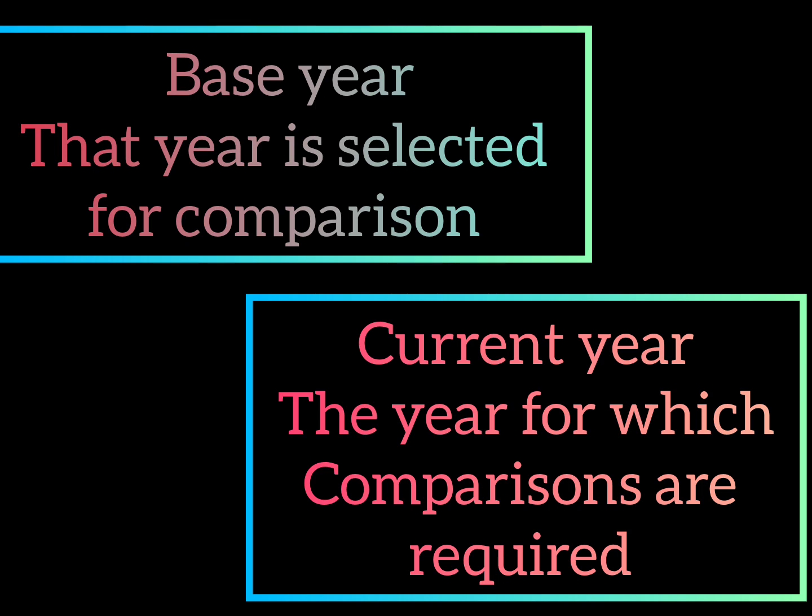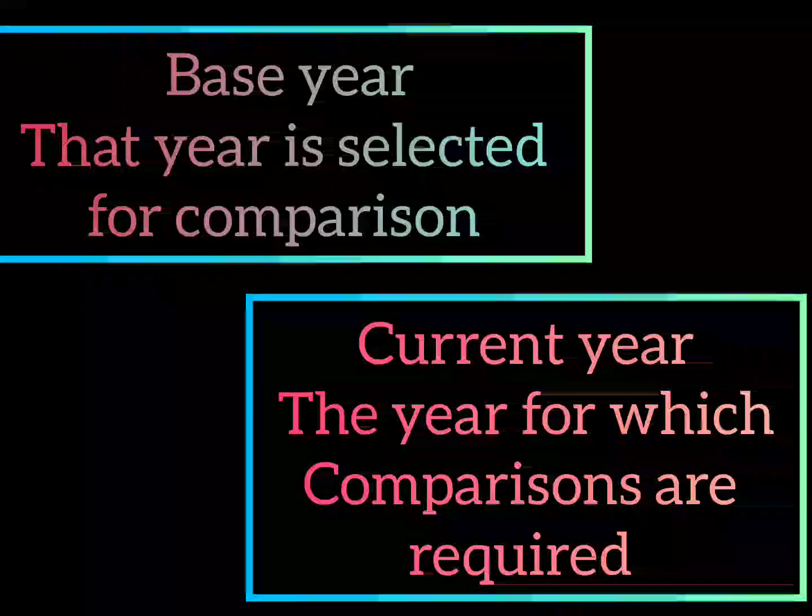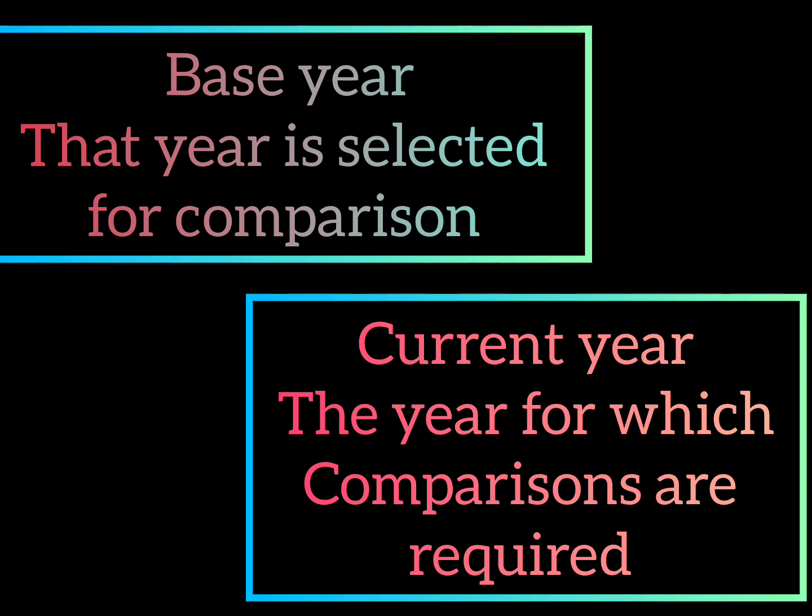So that is the basic meaning of base year and current year. The base year is the year with which the values from other years are compared, and the current year is the year for which the index number is prepared. I think this is clear.